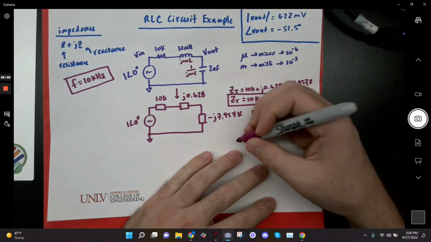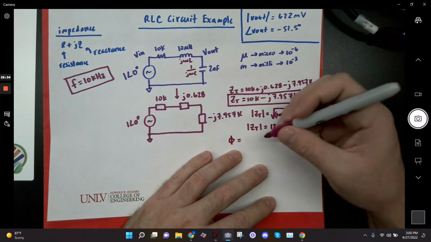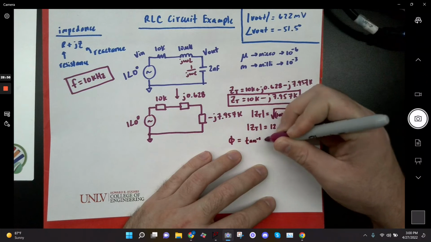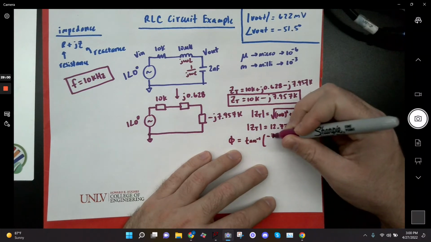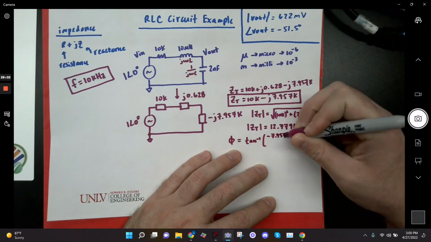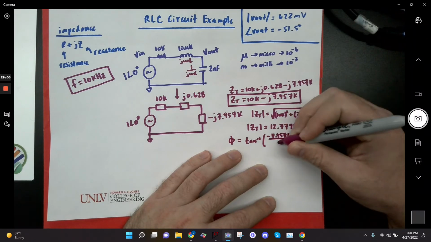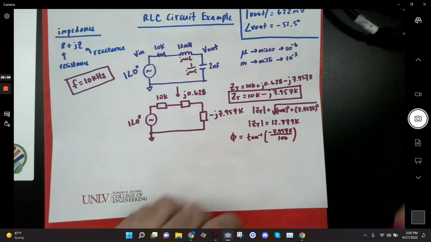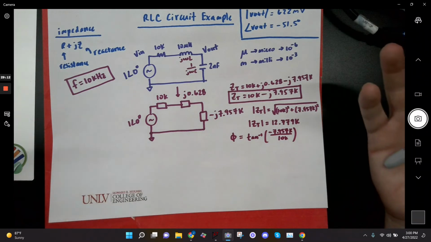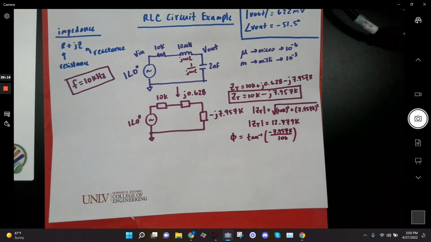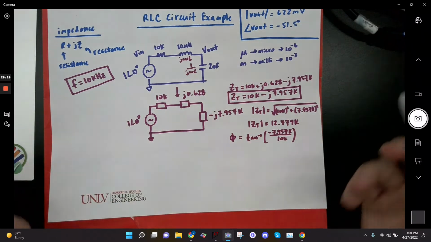So I go phase is equal to tan inverse of basically negative 7.957K over 10K. And what you'll realize is that this is a capacitive circuit, because I'm going to end up with a phase shift that's negative.